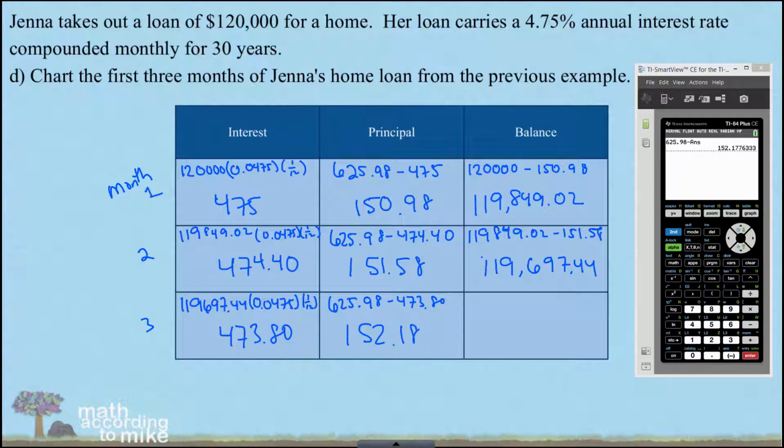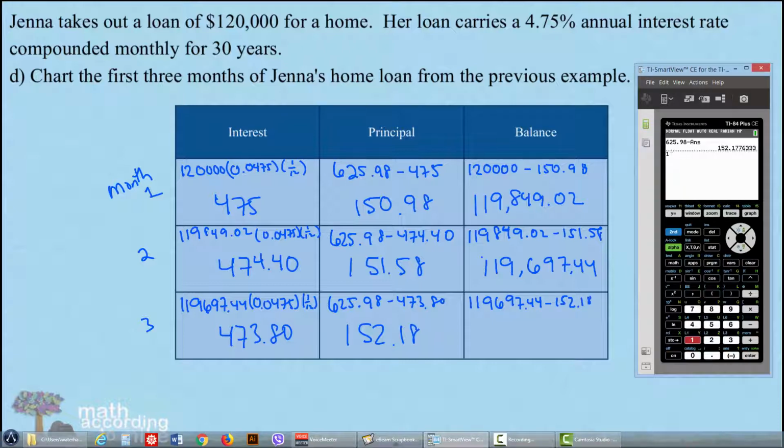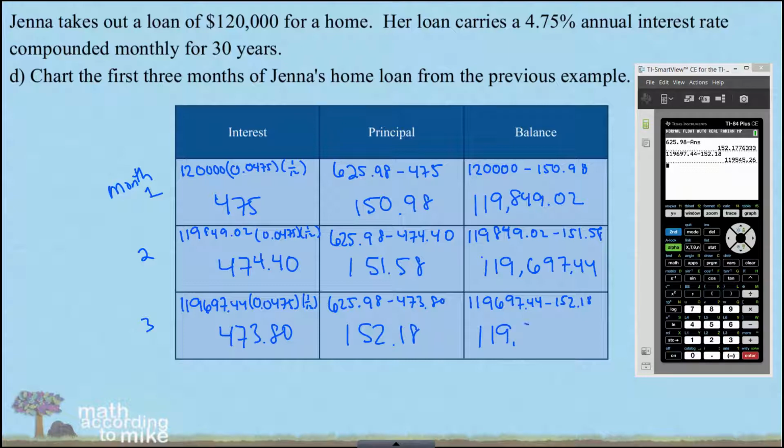1.18, and then all right. So after 3 months, she still has to pay off $119,545.26.